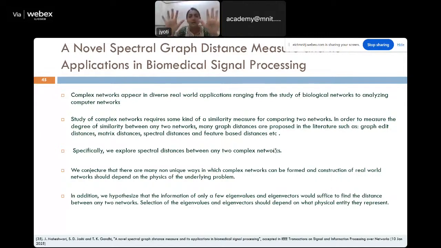Once we have edge weight matrices, we can find the eigenvalues and associated eigenvectors, and then the Euclidean distance between them, which gives us a measure of how similar or how different those two networks are.